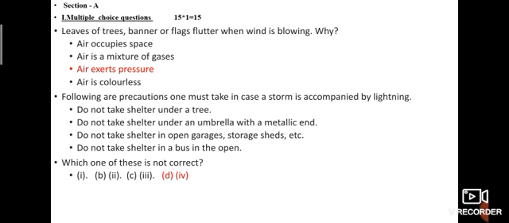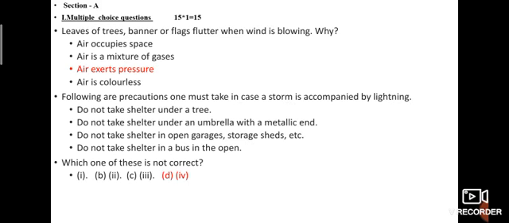Air occupies space, yes, but that does not make them move, so that is wrong. Second one, air is a mixture of gases. Yes. Then option C, air exerts pressure, so it can push. So which one is right? Option C, air exerts pressure.